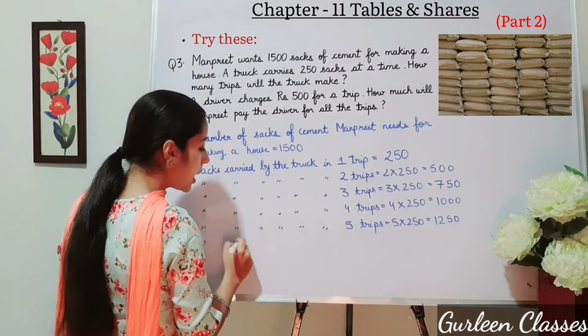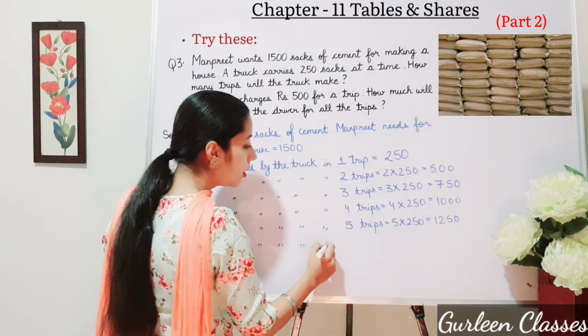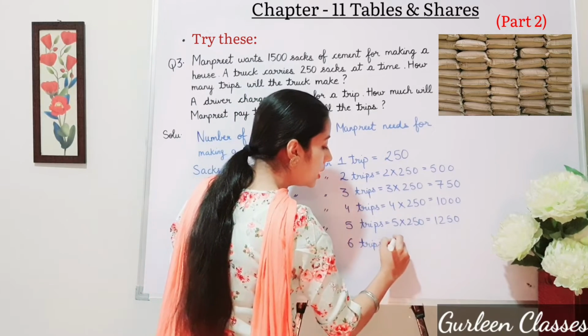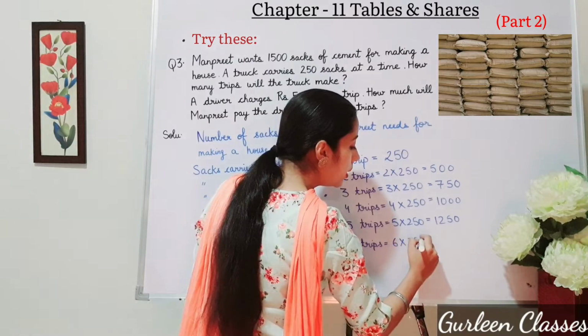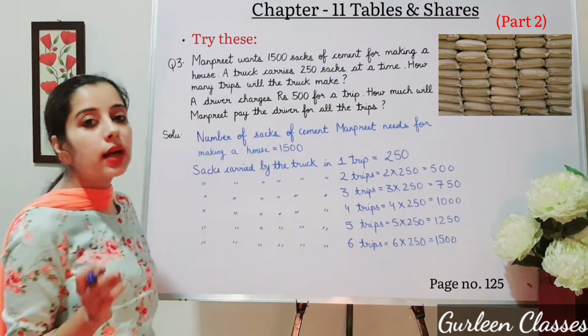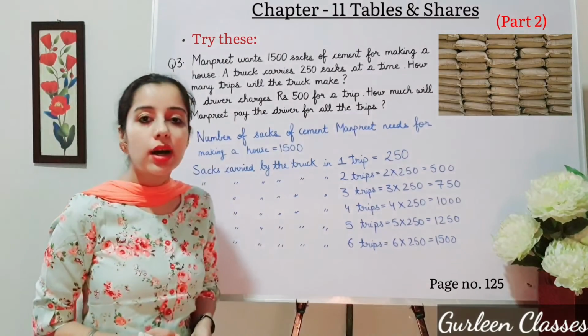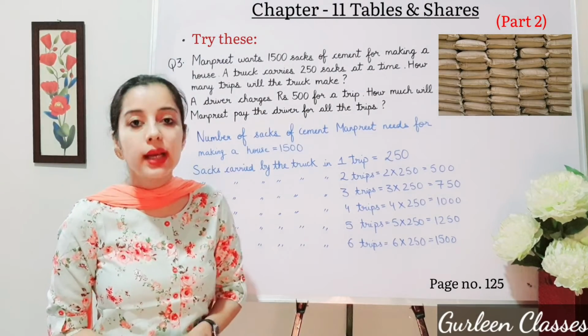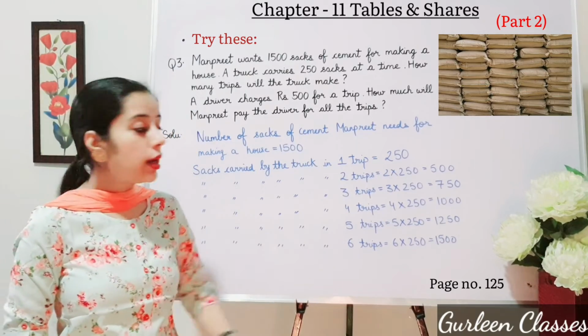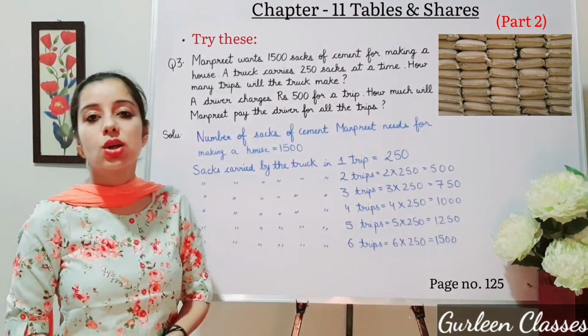Then sacks carried by the truck in 6 trips. So for 6 trips you will multiply 6 into 250, that is 1500. So students, the answer is, how many trips will the truck make? So a truck will make 6 trips. How many trips? 6 trips for 1500 sacks of cement.